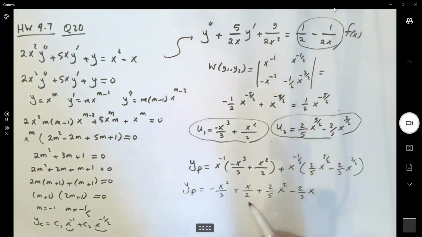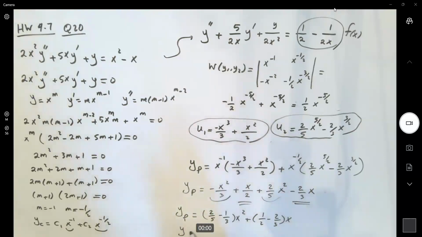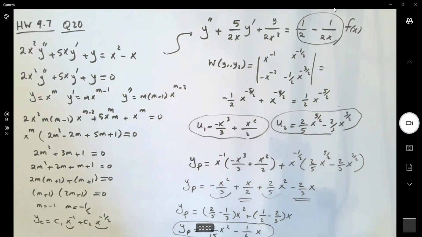Can we simplify this? Yes, here we have like terms. So y sub p becomes 2/5 minus a third x squared, plus a half minus 2/3 x. Just following the algebra, this becomes 1 over 15 x squared minus 1 over 6 x. This is our particular solution.